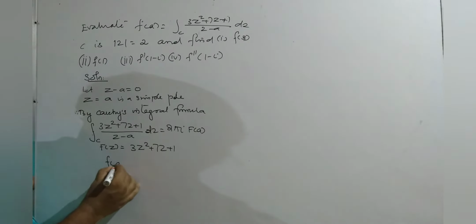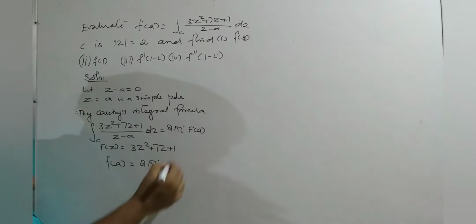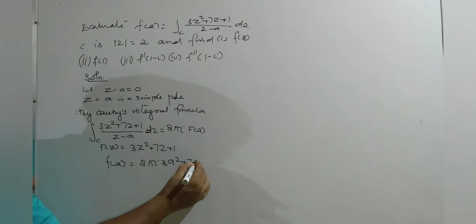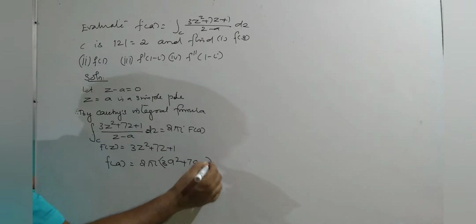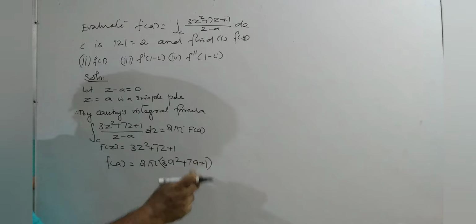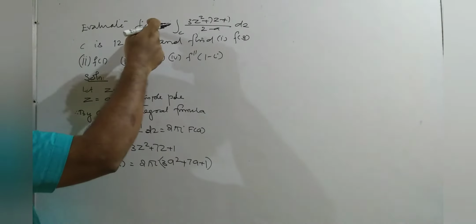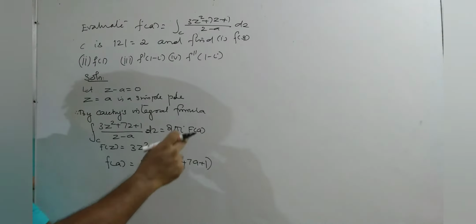That is F of a equal to 2 pi i into 3a square plus 7a plus 1. Usually we take f of a, small f of a. Already f of a is taken, so we take capital F of a.